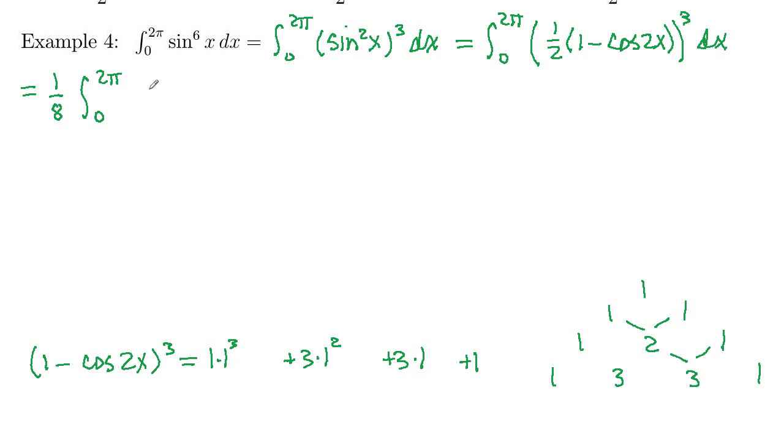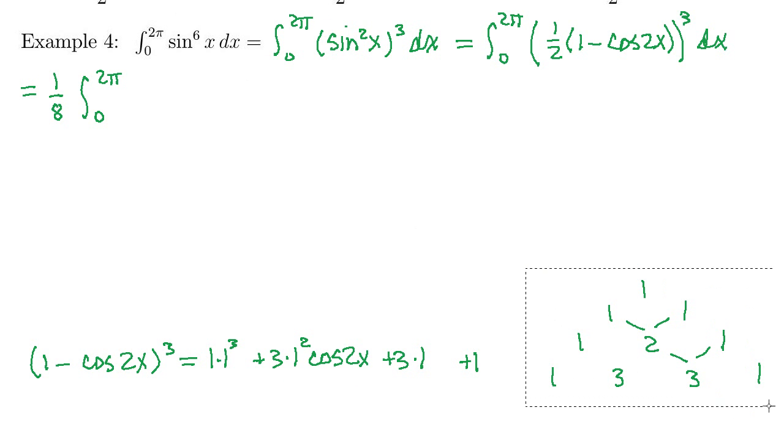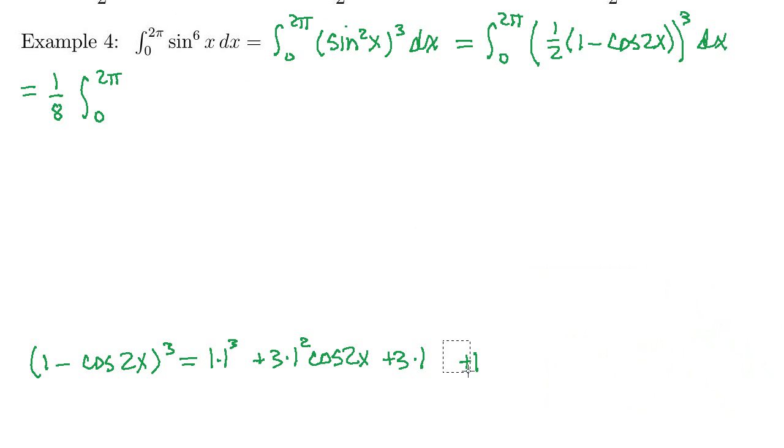So no factors of cosine 2x there, then 1 factor of cosine 2x in the next term, and then 2 factors here. So this will be cosine squared 2x, and then 3 factors here, so this will be cosine cubed 2x. Let's go ahead and transfer this up.